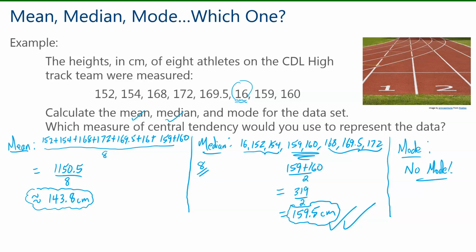The guidelines from the chart, remember, say that if we have a data value that is significantly different, extreme compared to the other data values, the mean is probably not the best choice.